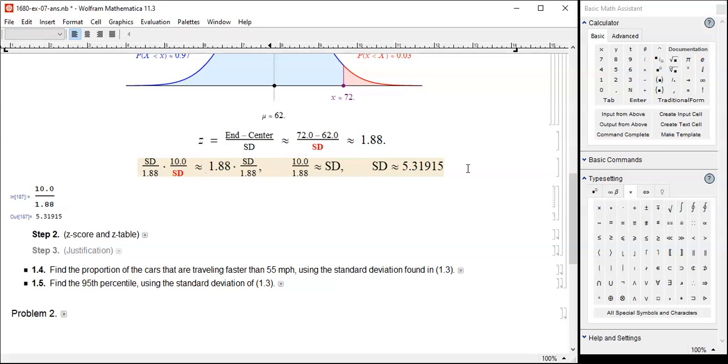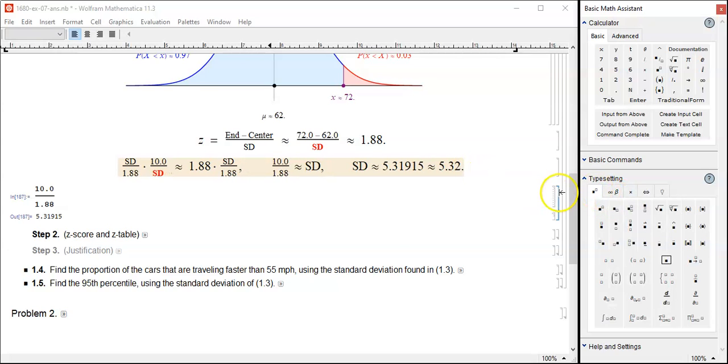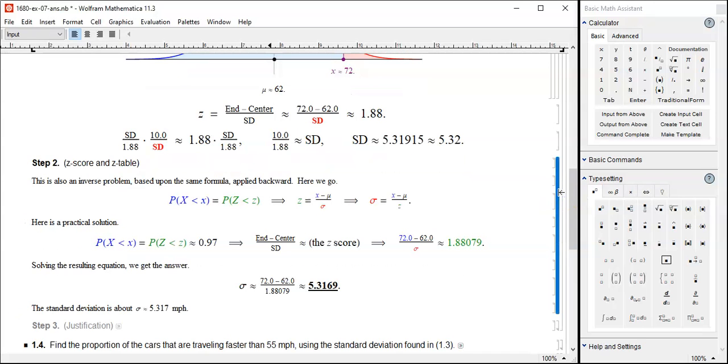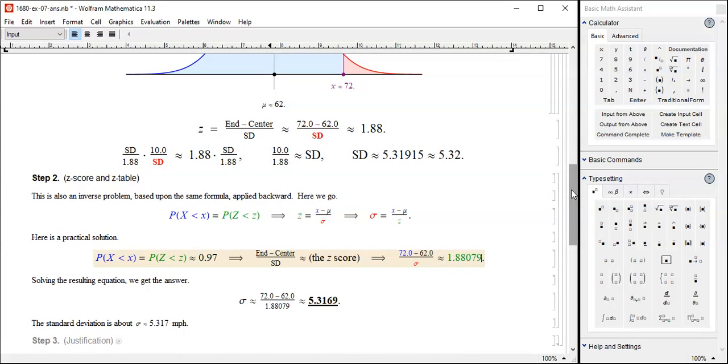5.391. That's what I'm getting. Approximately speaking, about 5.32. Yeah, about that. That's what I got from the primitive z table. And if I use fancy mathematical computation, then I'm going to add more decimal digits, of course, because I can do it more accurately.